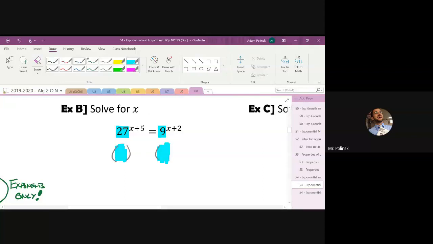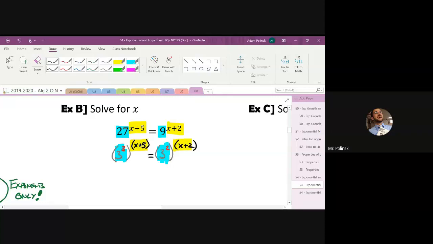Well, hopefully your brain is thinking, well, oh wait, I can rewrite this as 3 raised to the 3rd power over here, and 9 is really going to be 3 squared. Interesting. Well, that's really convenient, but we still have this exponent on top of exponent idea happening here.